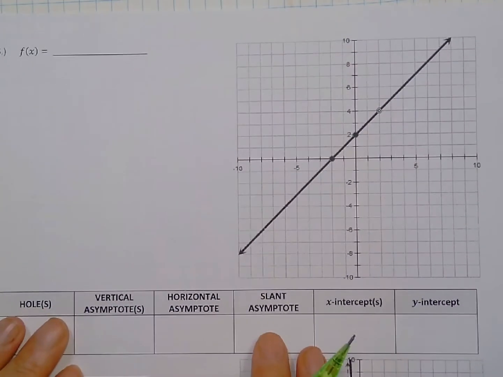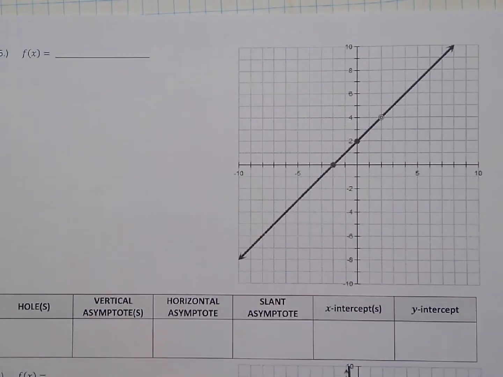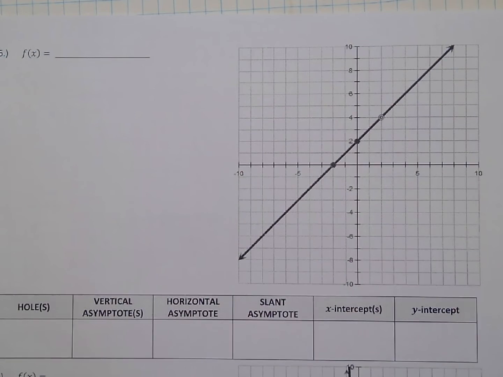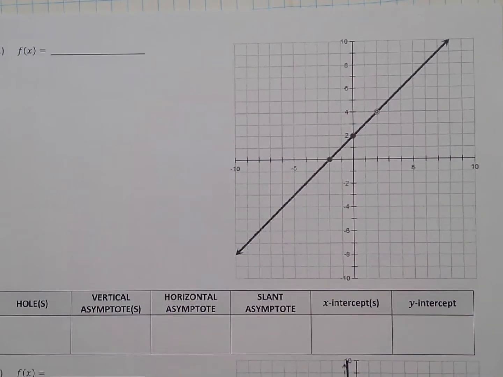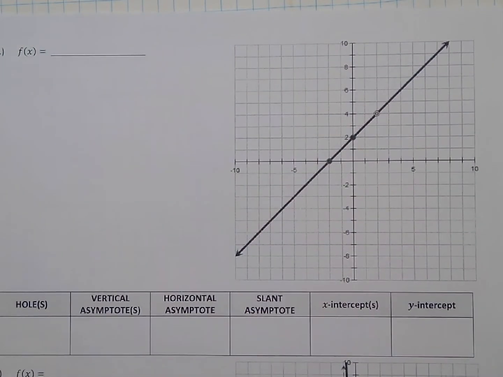All right. Now I have a slant straight line again. So this one simply looks like the linear function, but not, because I verified the hole there.